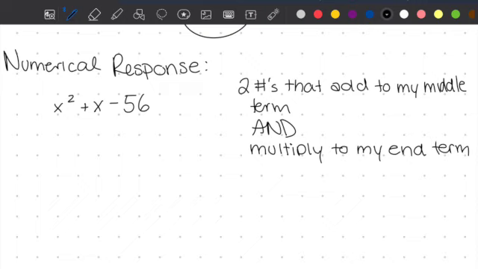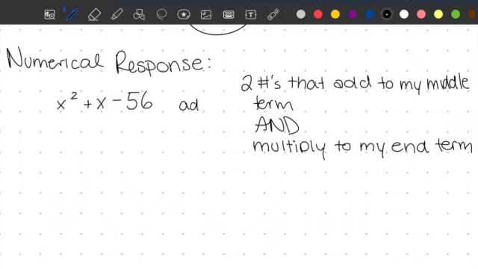Here, my middle term is just 1, so I need to find two numbers that add to 1. I always make a note: add to equal 1, and multiply to equal negative 56.